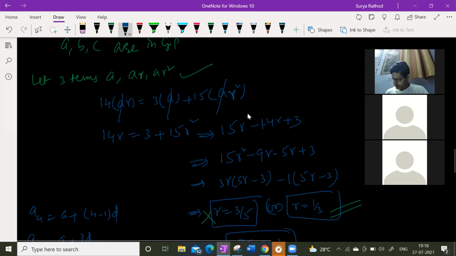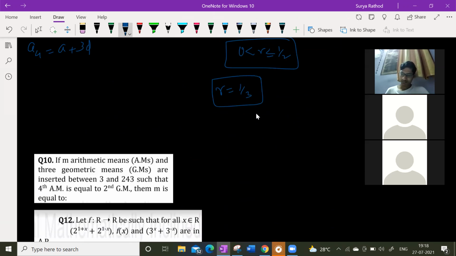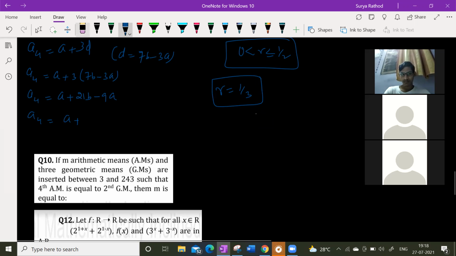Second term minus first term, so D is equal to 7B minus 3A. So A4 is equal to A plus 3 into D, which is A plus 21B minus 9A. A4 is equal to 21B minus 8A. Clear?